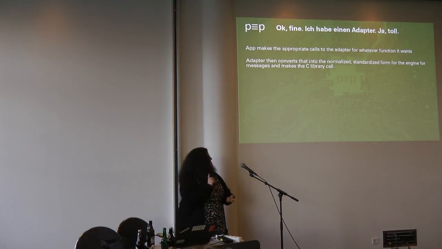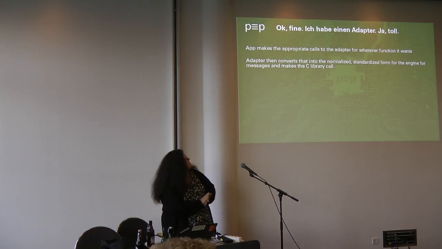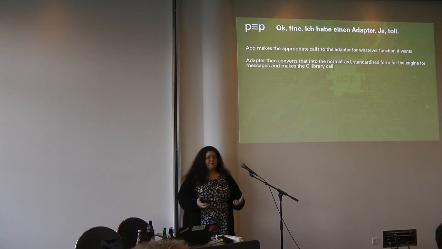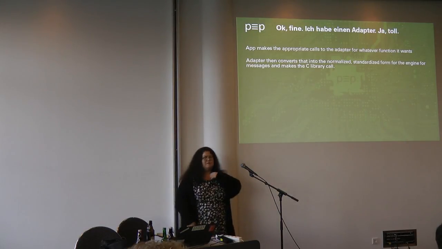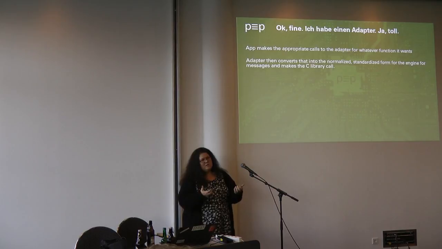This could be encryption, decryption, MIME encoding. Not everything does MIME encoding, so we do some of it for them. Getting the trust words for people, verifying an identity, all of this kind of stuff. The app makes those calls to the adapter, and then the adapter converts that into a normalized, standardized form that the engine understands. The engine doesn't think about whether this is Xcode, or somebody writing Python or whatever else, or what messaging transport they're using at the moment either.